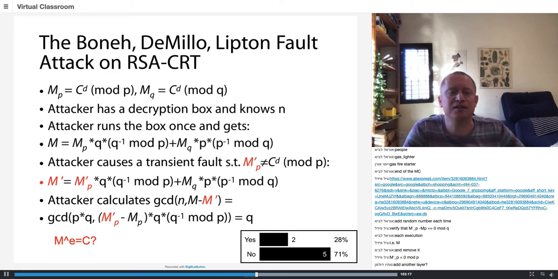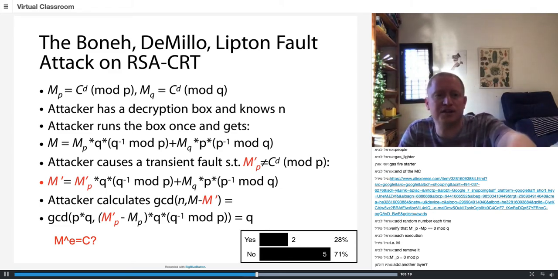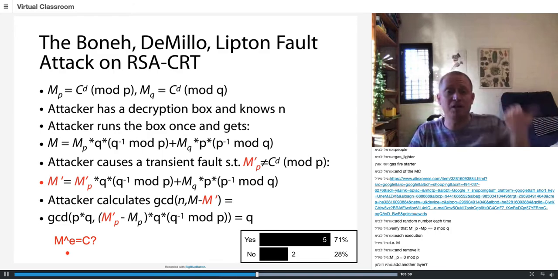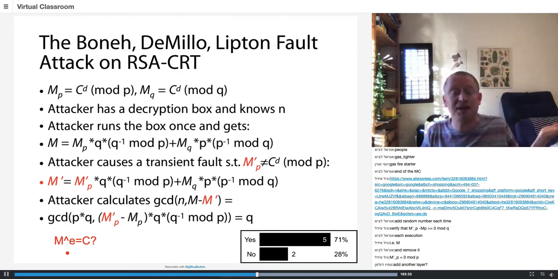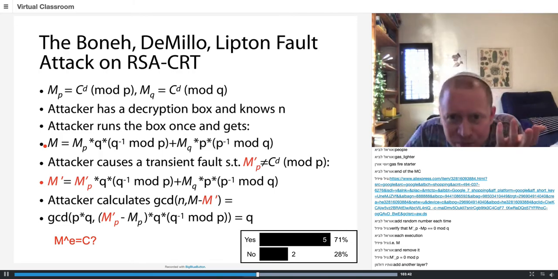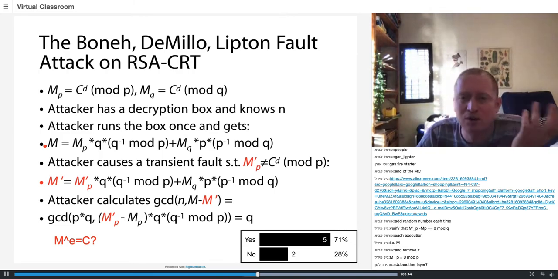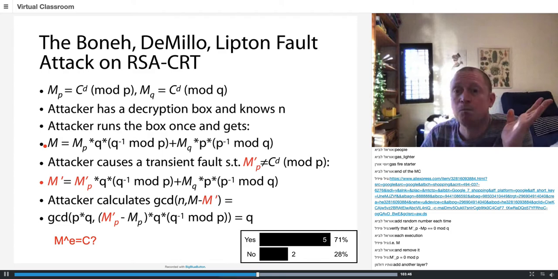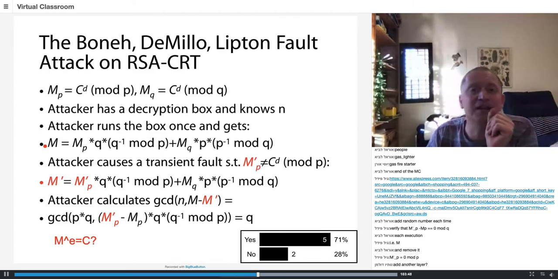It works because if there was a fault in the calculation of m sub p or m sub q, then if I raise the result to the power of the encryption key, I won't get the ciphertext. By the Chinese remainder theorem, there is only one solution which gives me m, so I obviously got some different message, and if I raise it to the power of e, I don't get c. So this will protect against my attack.